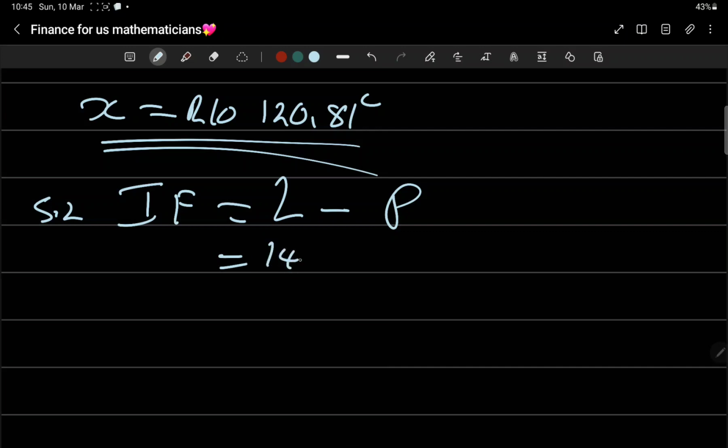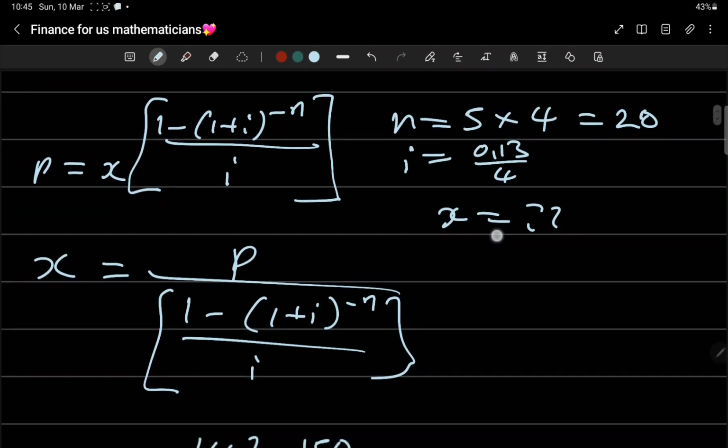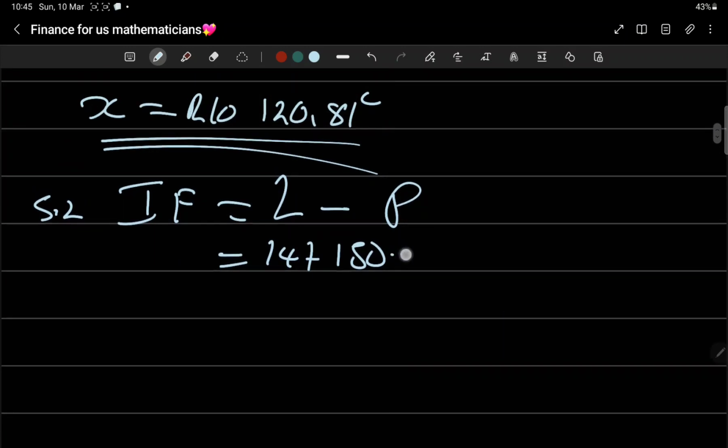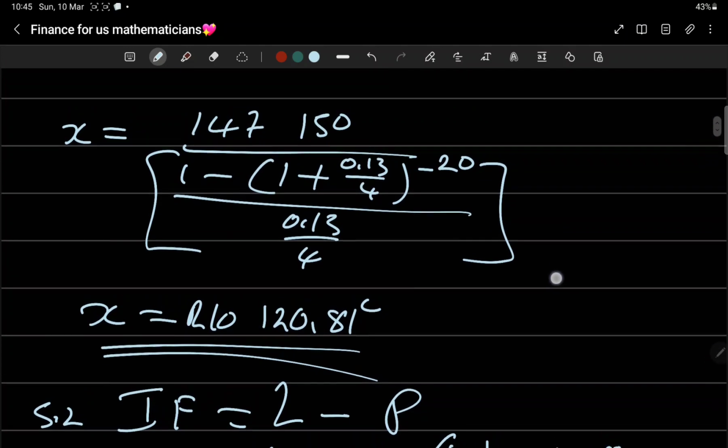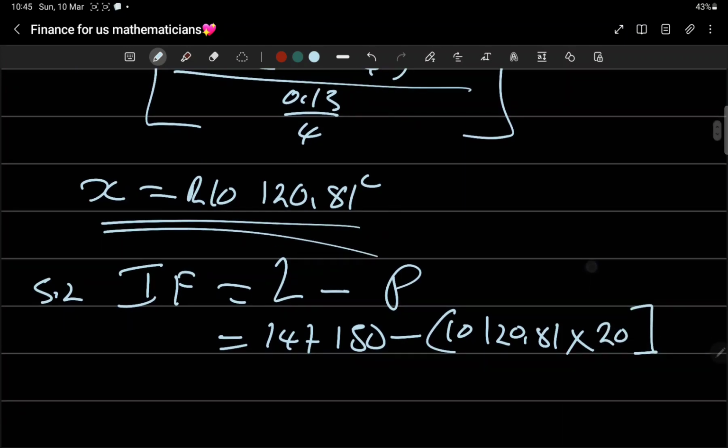Then the loan is 147,150, right? 147,150, there's no comma, minus the payments 10,120.81. Remember that situation of rounding off. How many times did he pay? Not 8 times, 20 times. He paid 20 times.